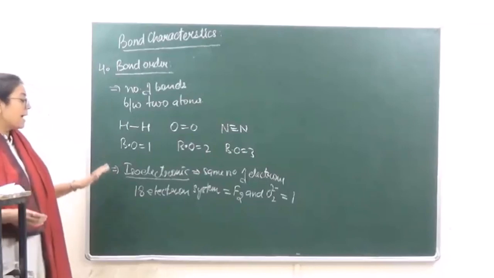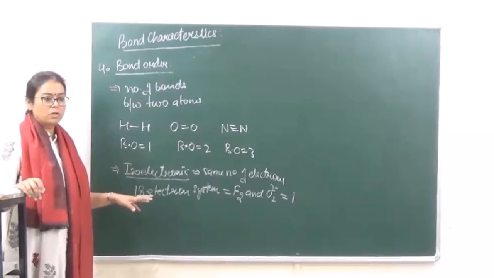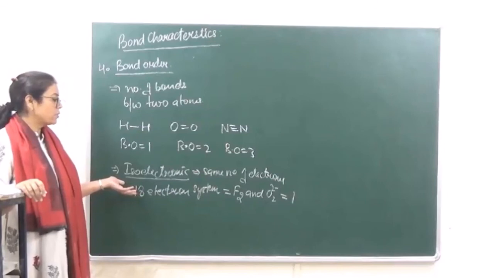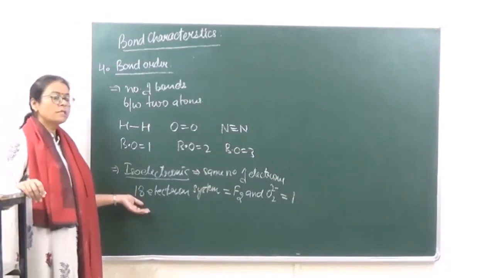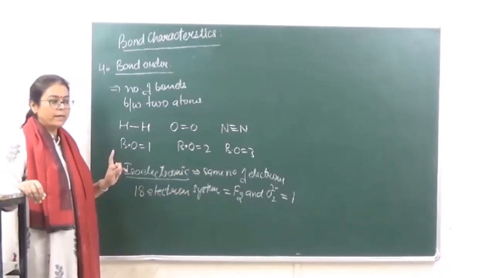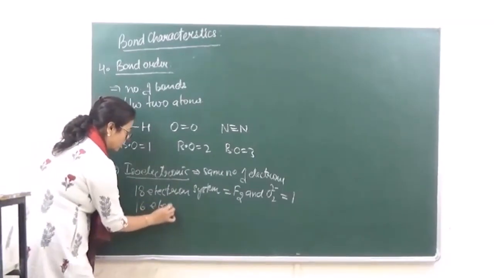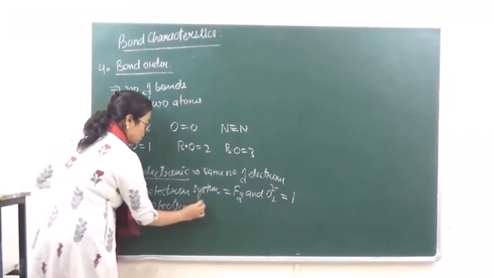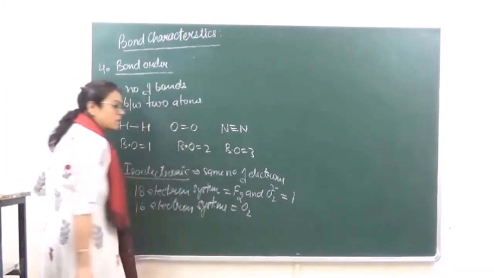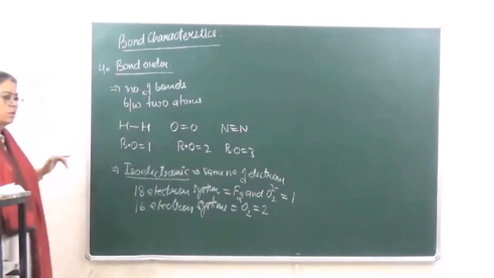Isoelectronic species, because you will get a question ki predict the bond order of the following species, right? So bond order आप कैसे calculate कर सकते हो या कैसे predict कर सकते हो? All those having 18 electrons, they all will have bond order 1, right? And all those 16 electron systems, for example, oxygen, they all are going to have a bond order of 2, right?